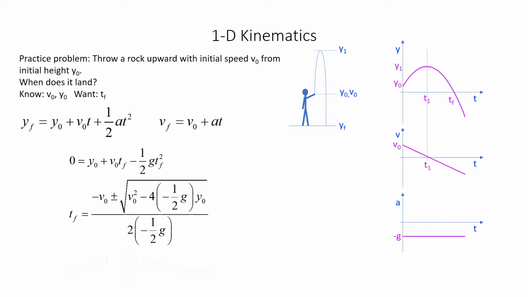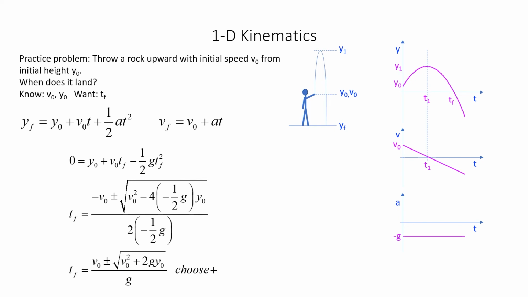I can see that this is a quadratic function, so I'm going to put it into the form t final equals negative b plus or minus root b squared minus 4ac all over 2a, the generalized equation for the quadratic function. My b term is v0, so negative v0 plus or minus root v0 squared minus 4 times negative 1/2 g times y0, all over 2a, which turns into 2 times negative 1/2 g.